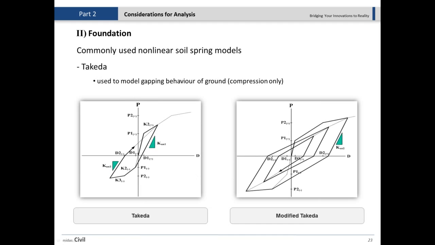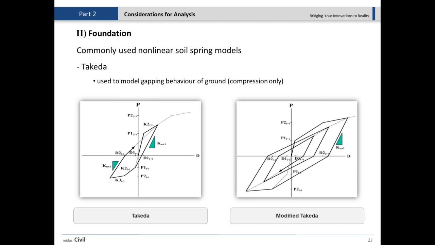Then we have the Takeda model, which is normally used for modeling gapping behavior, talking about compression only, just like the example of that retaining wall. If you push the wall, the soil resists it.